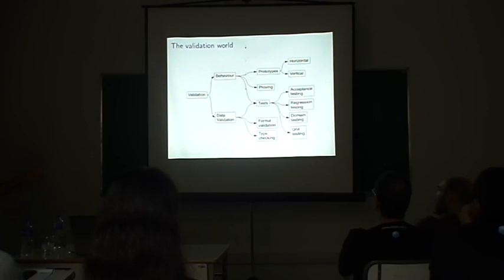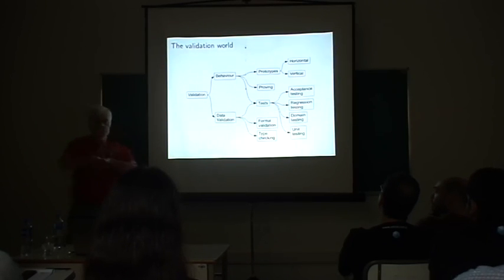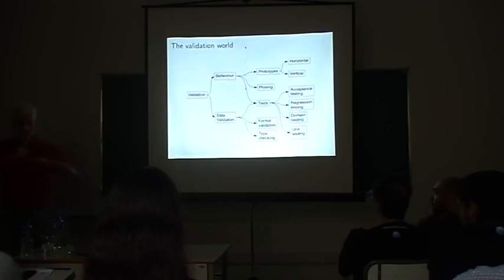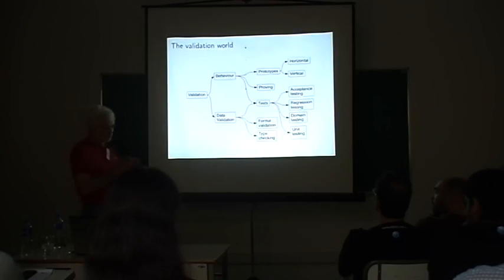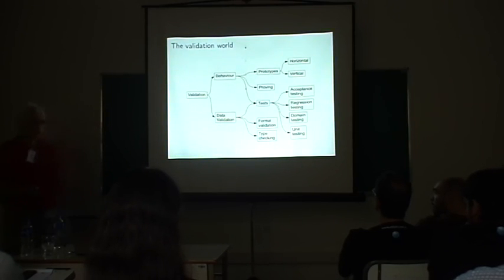For the prototyping, you can have horizontal or vertical prototyping. Horizontal prototyping is when you want to validate several functionalities of your system. You need a lot of parts of the system to validate. Vertical is to validate one aspect of the software, one vertical aspect of the software.